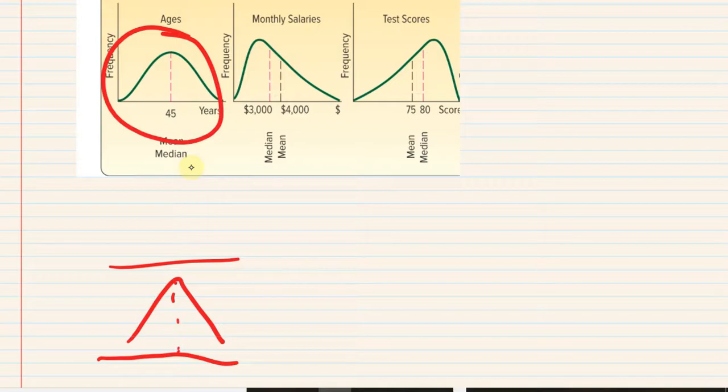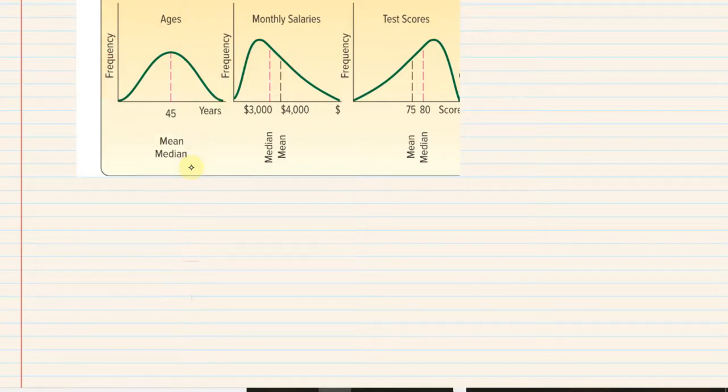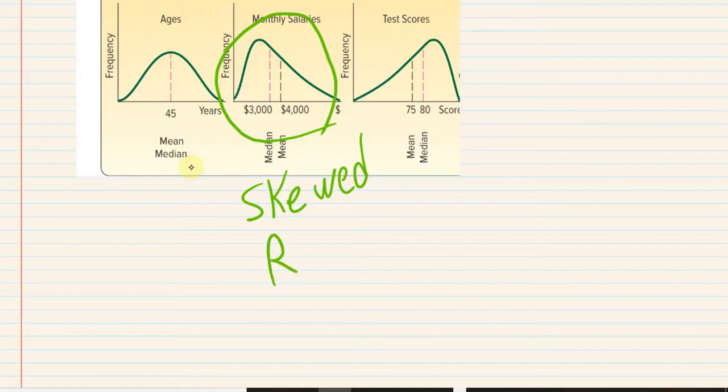Now the other kind of distribution we look at in a histogram is that of a skewed distribution. This one is skewed, and in this case it is right skewed because it tapers on the right side. You see that?